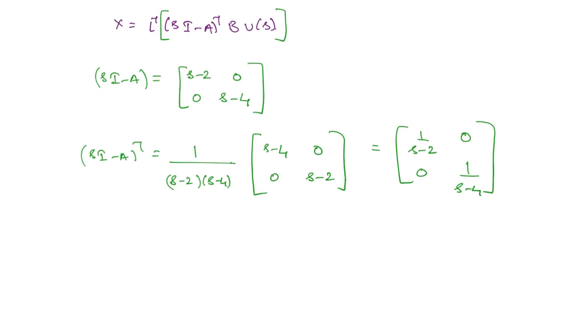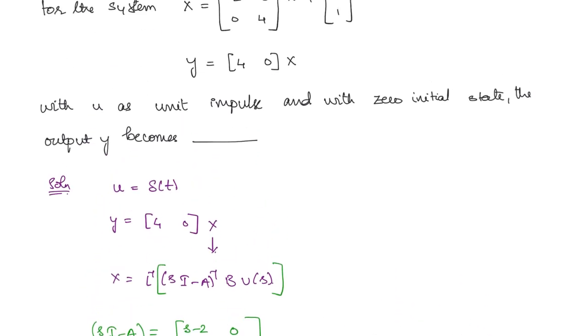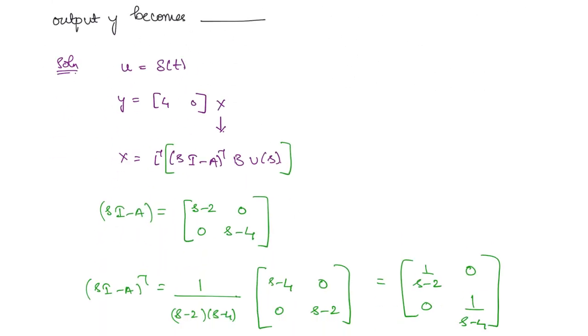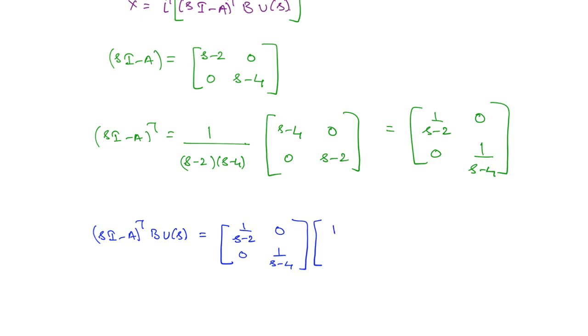Next we will write (sI minus A) inverse B into U(s). So we take [1/(s-2), 0; 0, 1/(s-4)]. B is given in the question as [1; 1], so you can write it here.